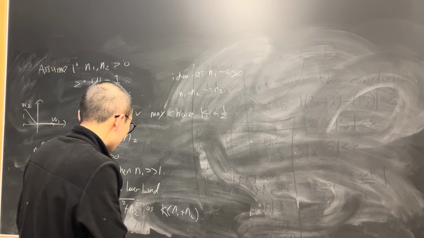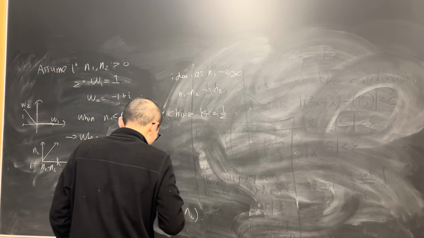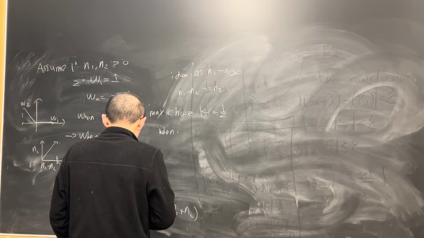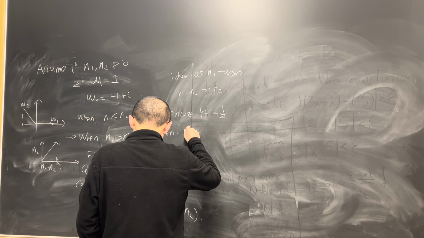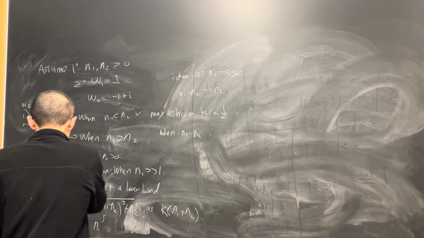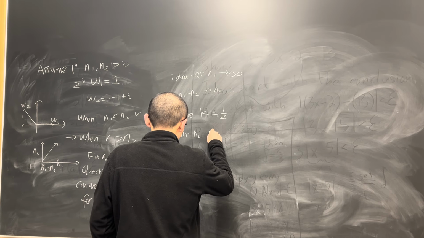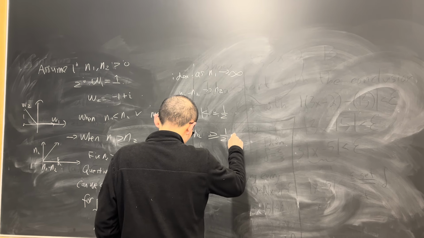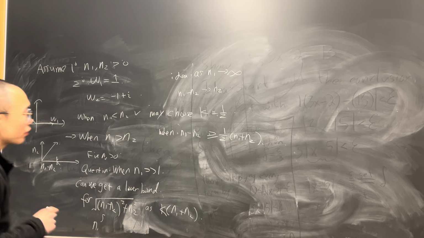Because we chose it at the beginning, right? Remember we are fixing N2. So when N1 minus N2, the lower bound for this term, is bigger than or equal to 1/2 of N1 plus N2, then we are done and in a very good shape.